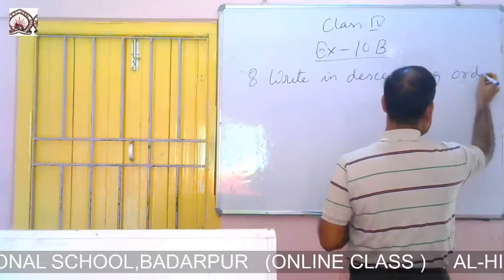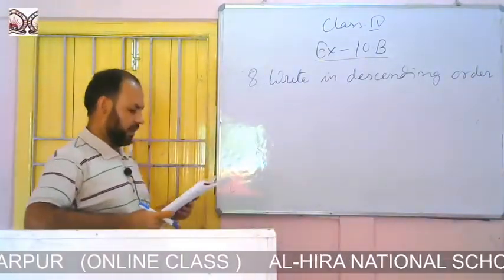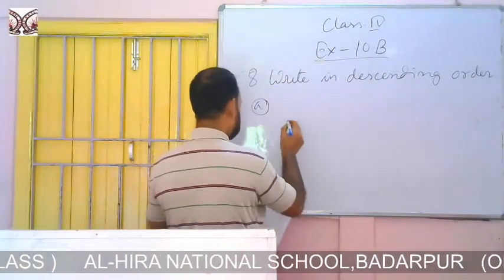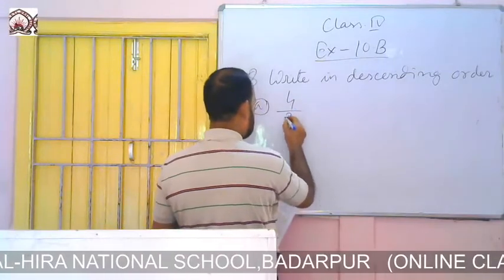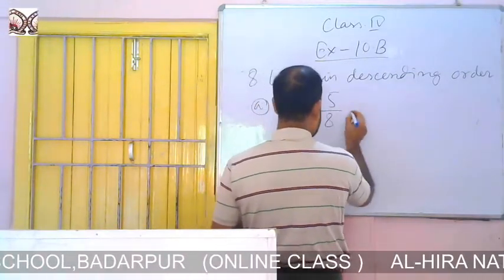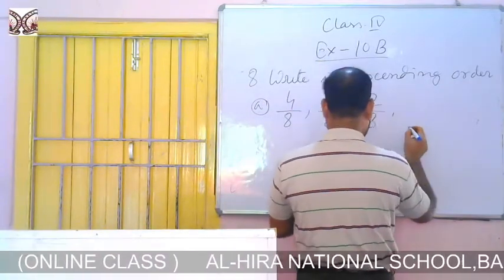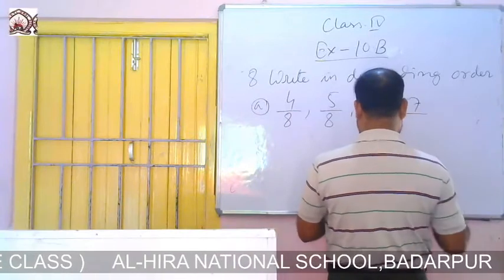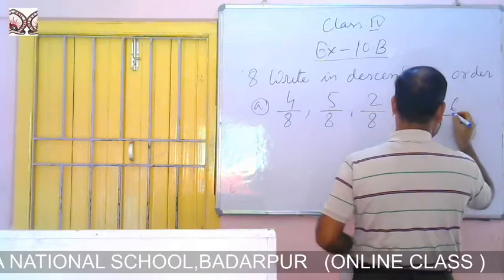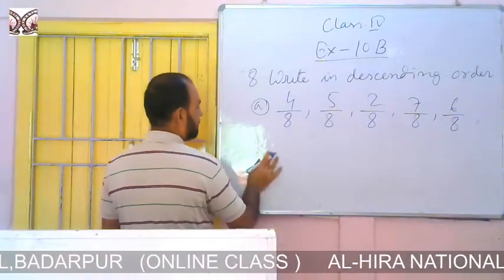Here question A: 4 by 8, 5 by 8, 2 by 8, 7 by 8, 6 by 8. Same as earlier, first descending order.